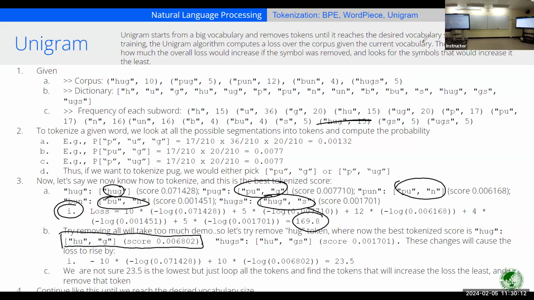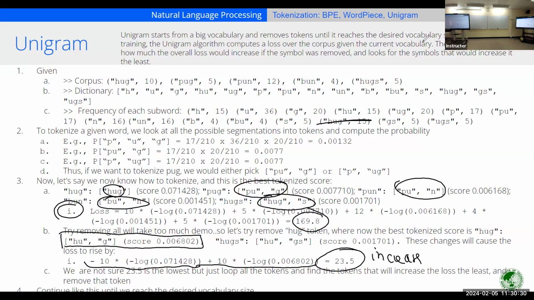So this is just a simple equation to calculate. Basically now you have this and you take this out, right? Then you will see that your loss increased by 23.5.